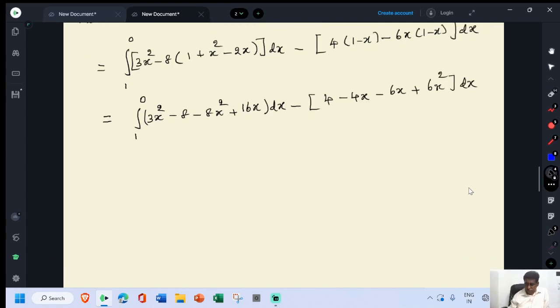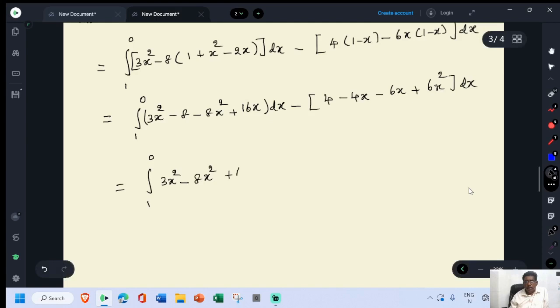Now align all the terms. This is equal to 1 to 0 of 3x square minus 8x square, here 6x square, 6x square. Now add the x terms.